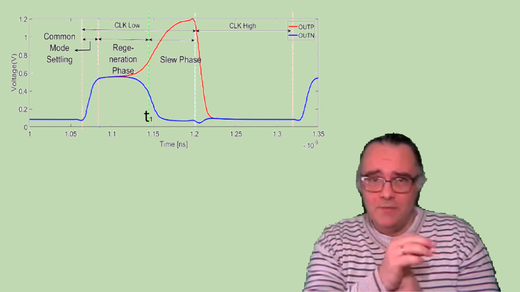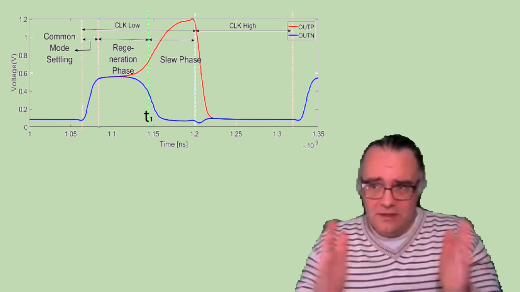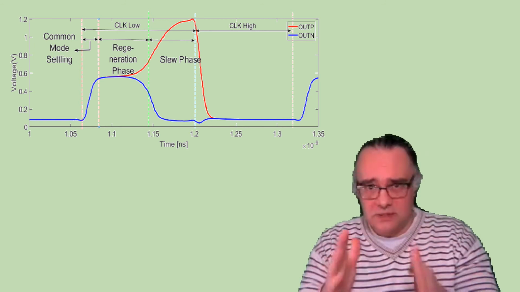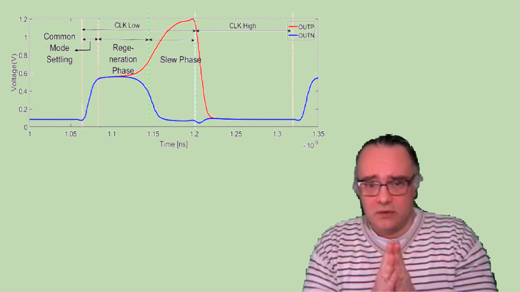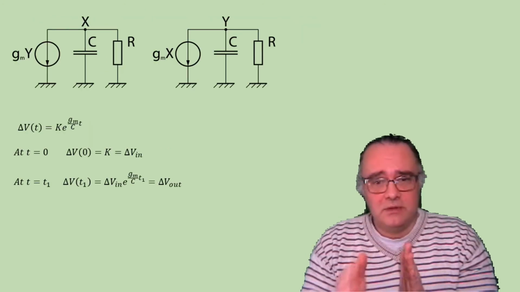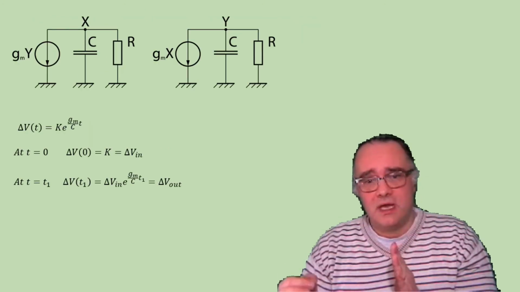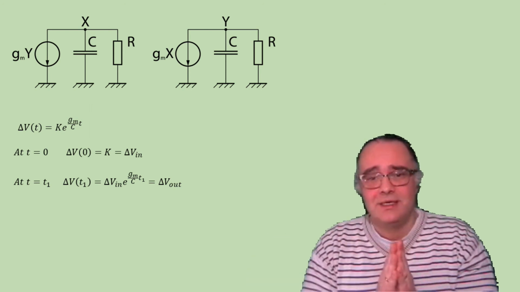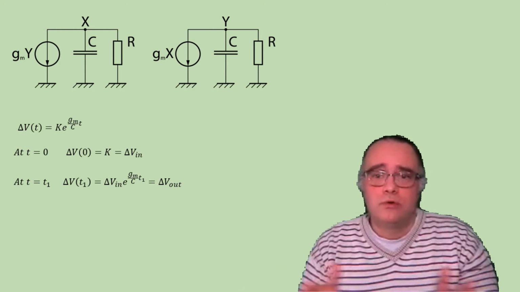Then at T1, the time given to the latch to settle, to regenerate its output, the output will be simply delta V in times the exponential of Gm divided by C times T, and this will be the output voltage.